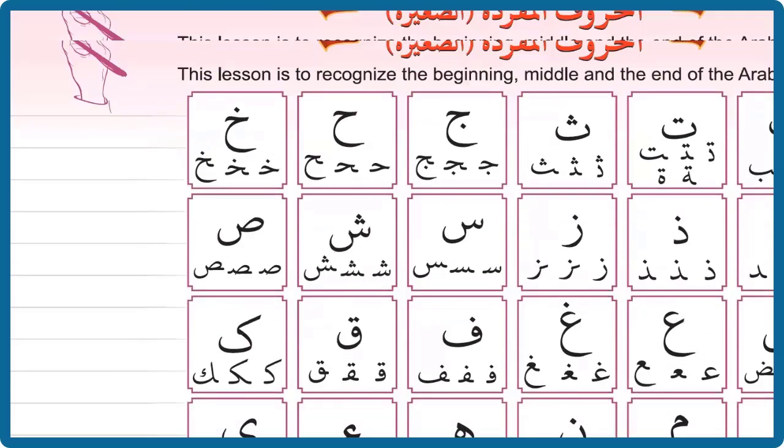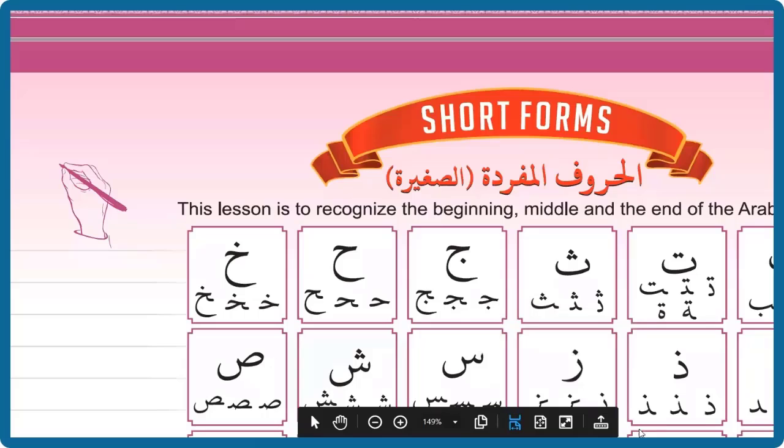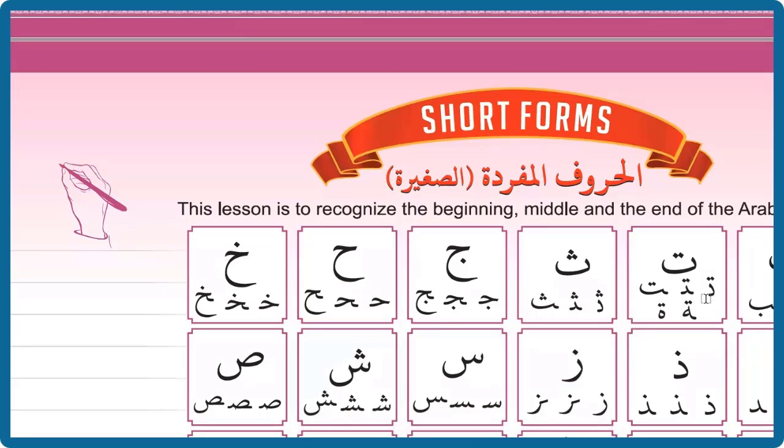Here we can see that ta, right? Sorry, ta. And it has three different shapes. This is the initial one, medial, and end, right? Okay, so initial ta, it has a half shape of boat, and it would have three dots on top of it, right?